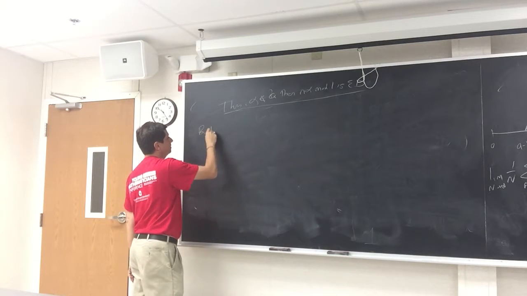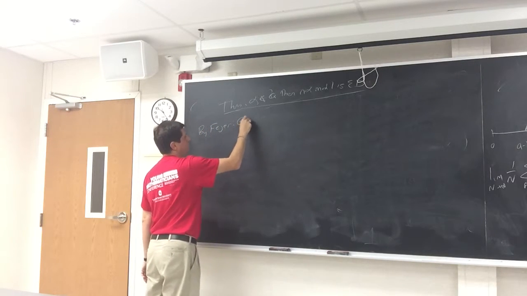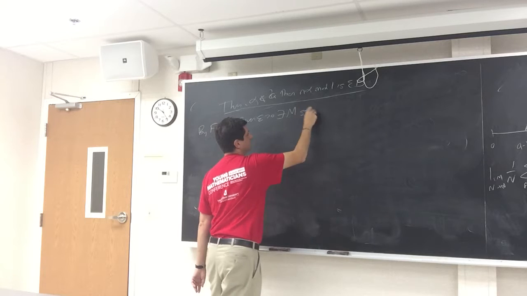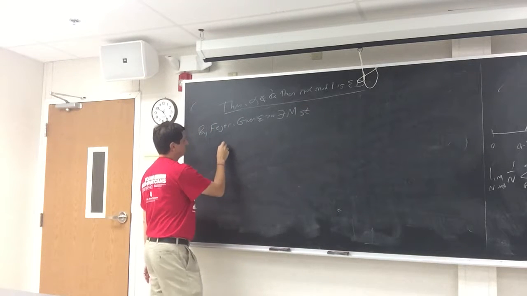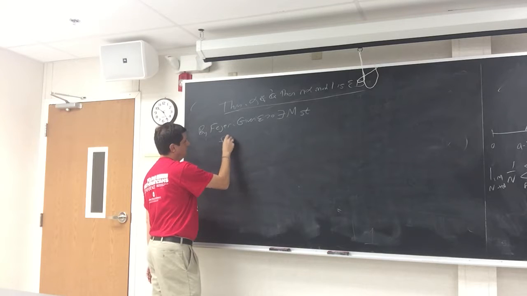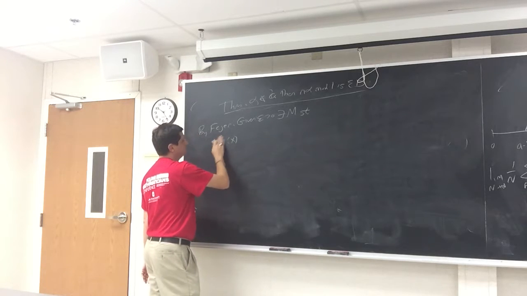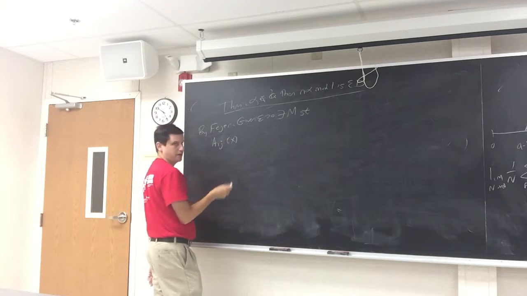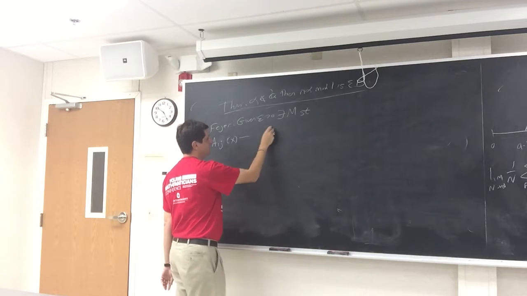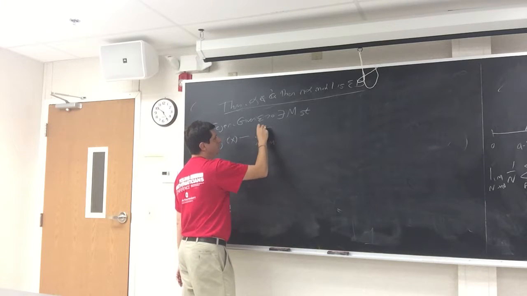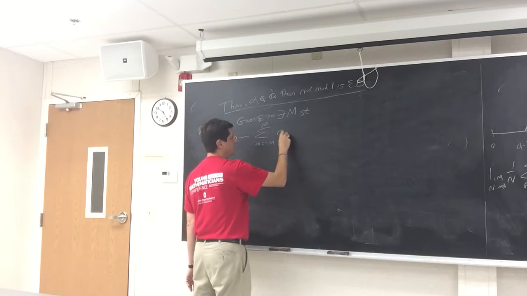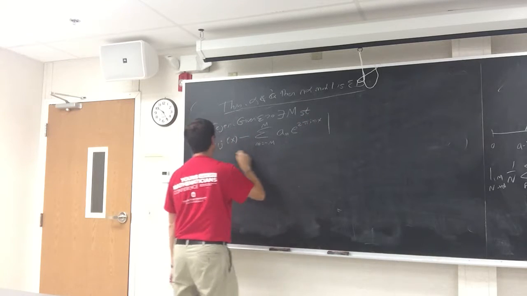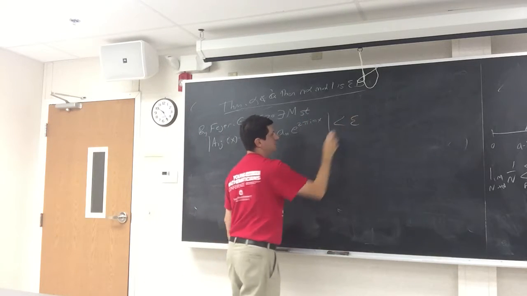So by Fourier, given an epsilon greater than 0, there exists a big M such that the absolute value of f of x, a1j of x minus the sum, m goes from minus M to plus M, of a sub m e^(2πimx) is less than epsilon.